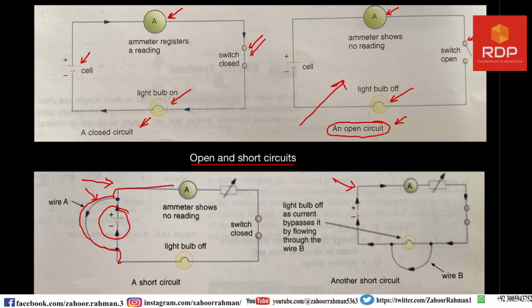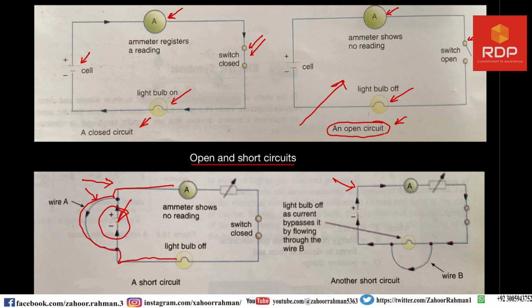So the cell will not play any role inside this circuit, and the current will flow directly to the bulb. Because there is no power from the battery, the light bulb is off, and we are calling this a short circuit.